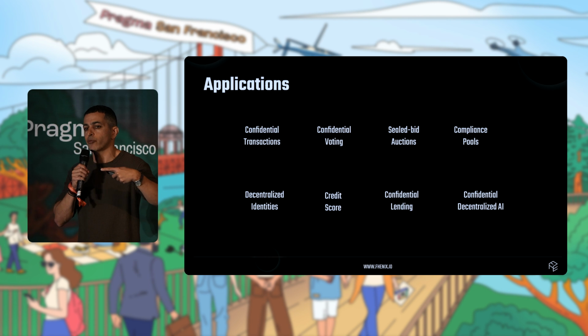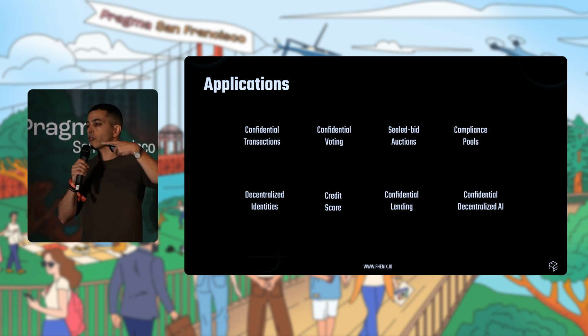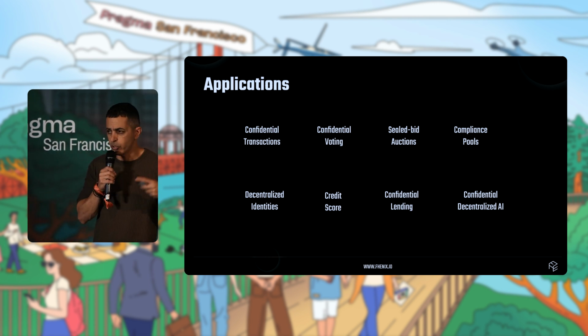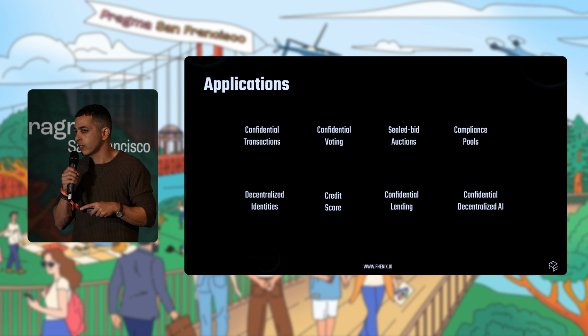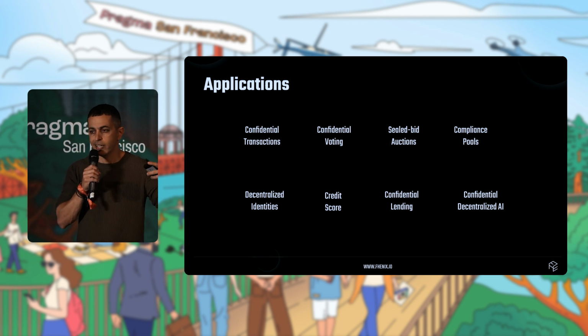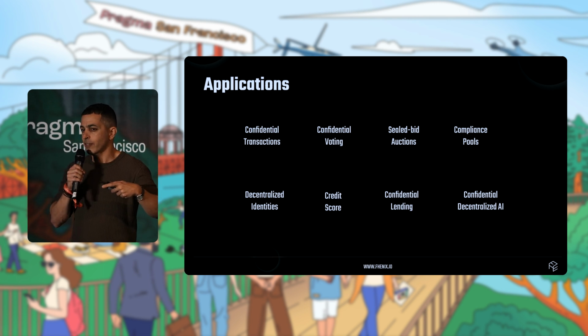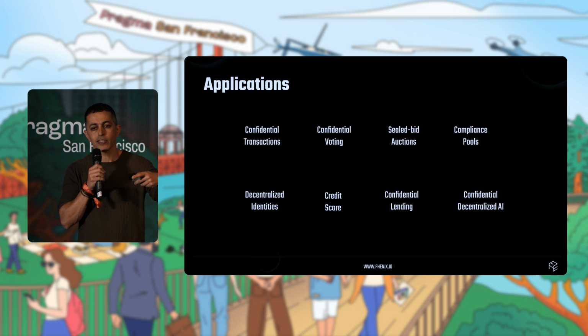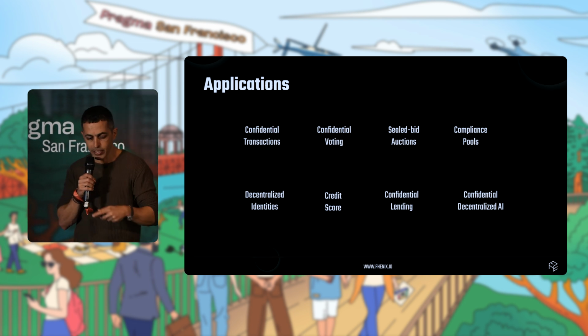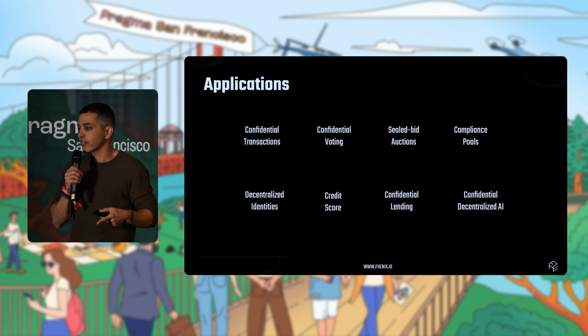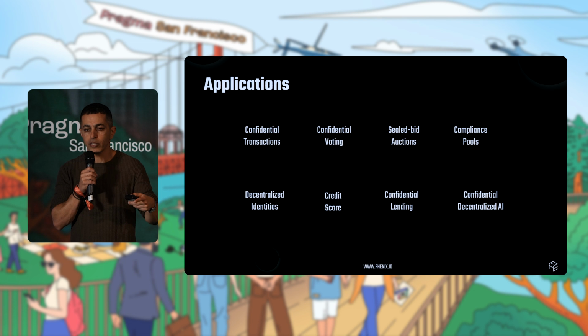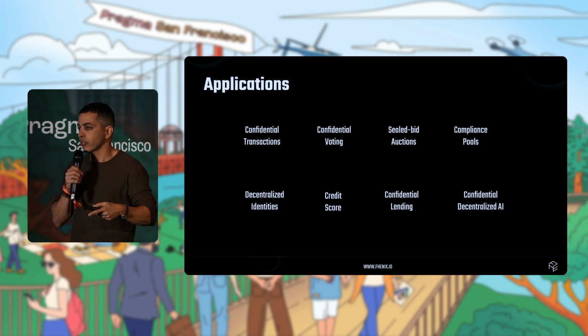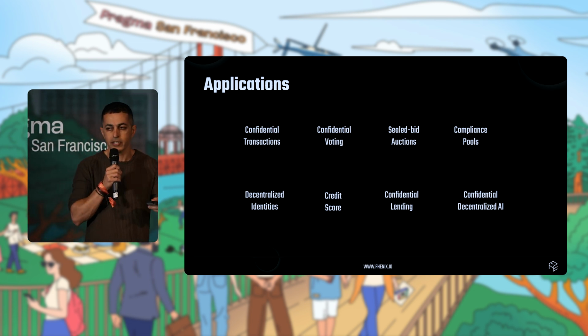But for me, these are all applications that make a lot of sense, but we're also starting to see interest in getting into the more complex and interesting use cases. One example is decentralized identity. The ability to get identities on-chain, and the reason that you can put a user identity on-chain is now because it's private. And once you have decentralized identity, you can actually now start doing on-chain credit scoring. And that's something that's missing today.